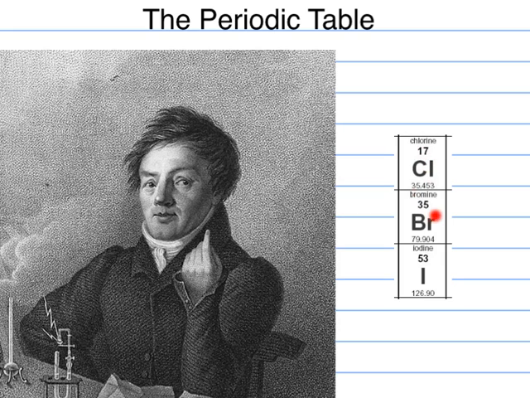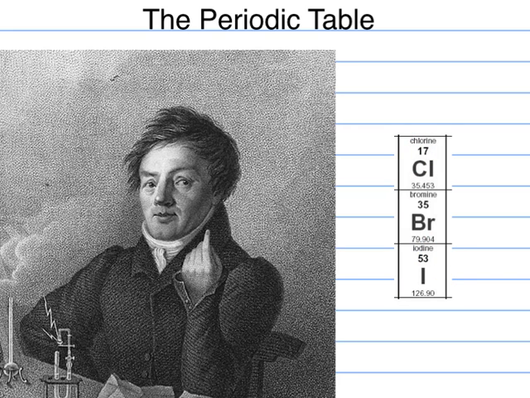So chlorine, bromine and iodine all had similar properties. What he also found was that the mass of the middle one was an average of the other two, the lighter one and the heavier one.